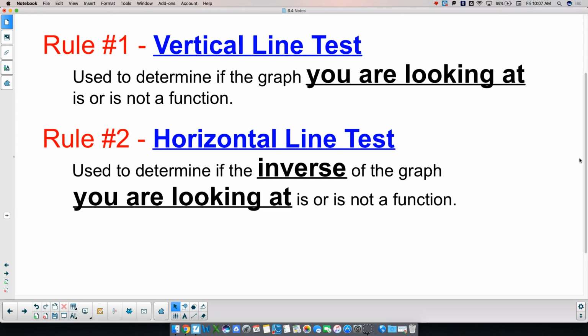So the vertical line test tells me if what I'm looking at is a function. The horizontal line test tells me if its inverse is a function. Okay?